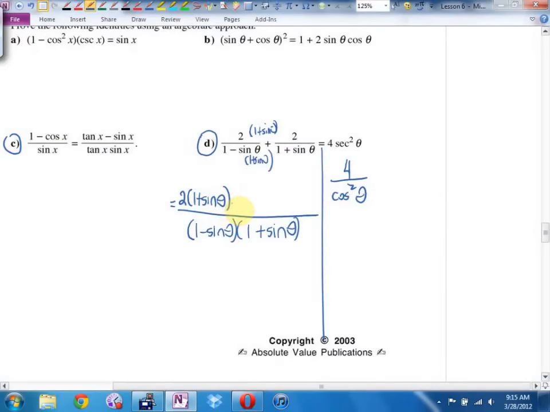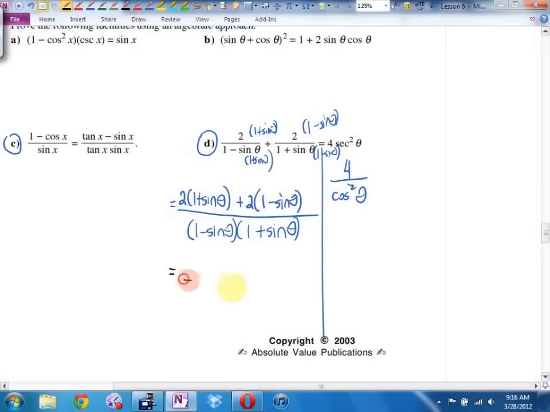Is that okay? This plus sign would drop down. To change the second fraction to get a common denominator, there's already a 1 plus sine theta. I would multiply the top by 1 minus sine theta and the bottom by 1 minus sine theta. And I'll get a 2 and a 1 minus sine theta. So far, so good?